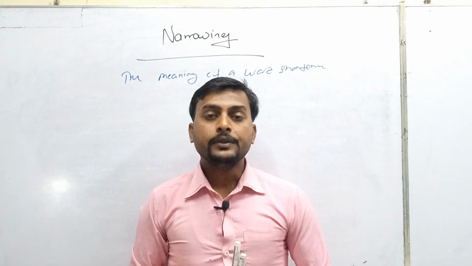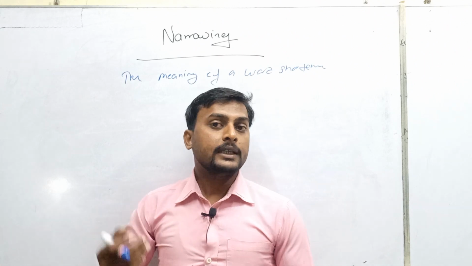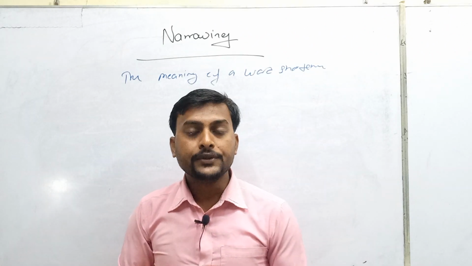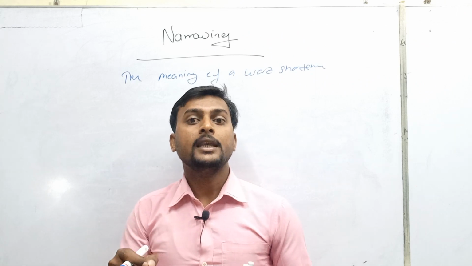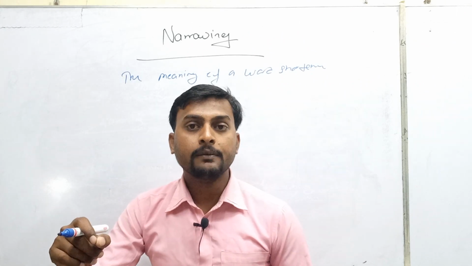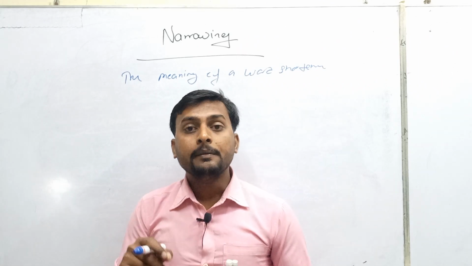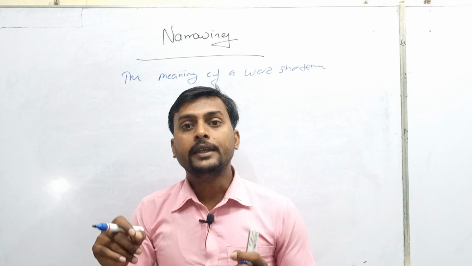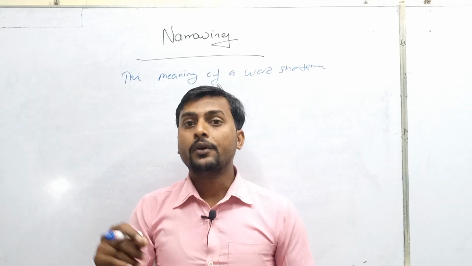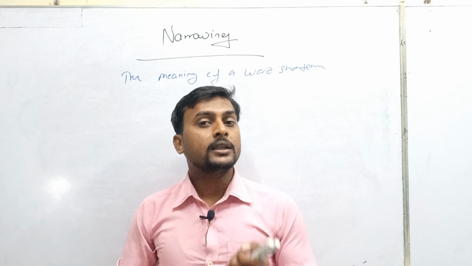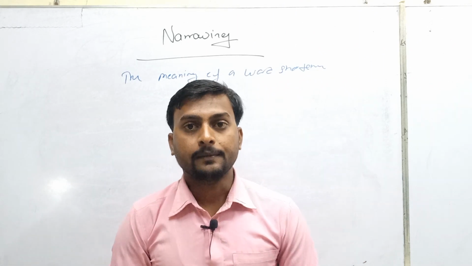As we discussed, in broadening the range of the meaning of a word is increased. In the same way, in narrowing the range of the meaning of a word decreases, so that it is used in fewer contexts. Just look at some examples of narrowing, and you will understand everything.